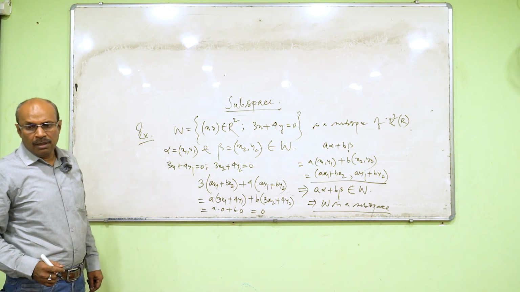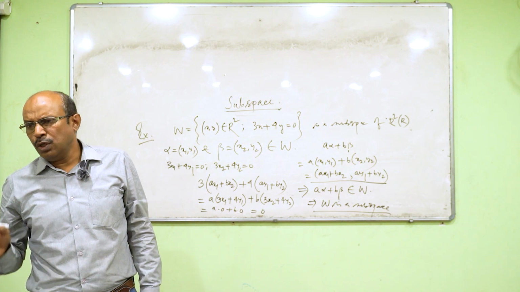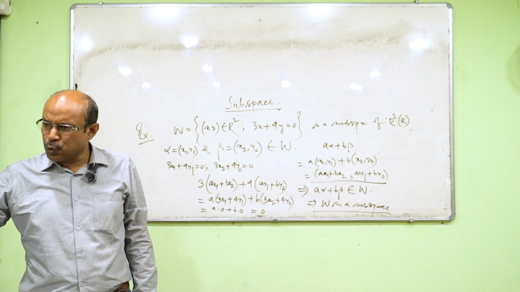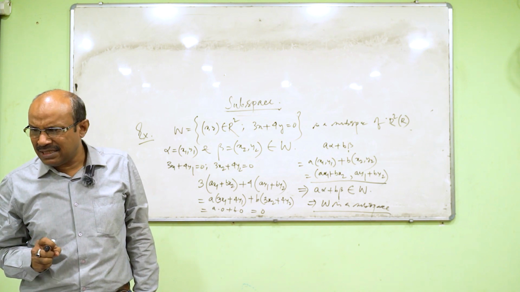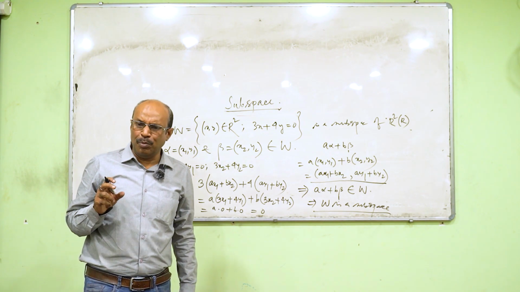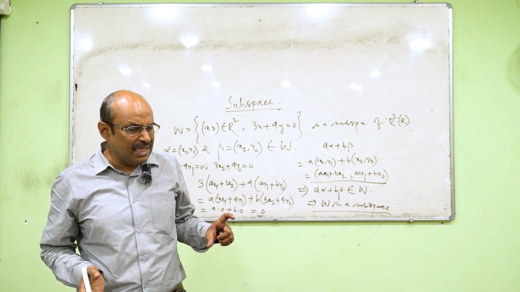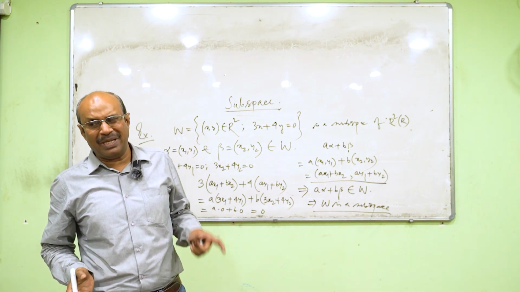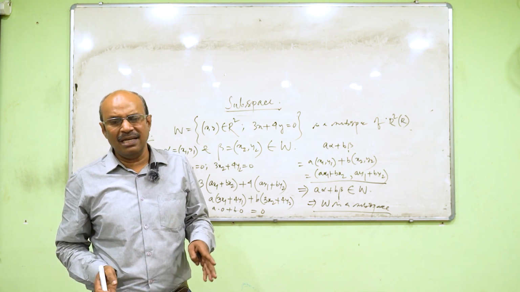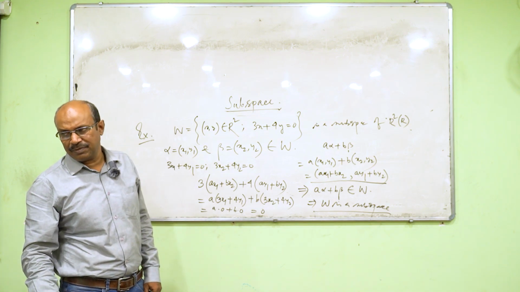So, to get a subspace, we choose two vectors from that non-empty set and get a linear combination of these two vectors. Then if this linear combination also belongs to the same set, then the non-empty set is a subspace.